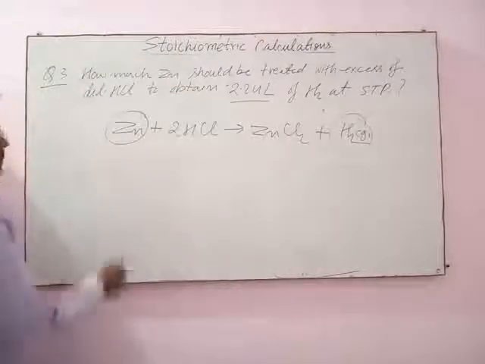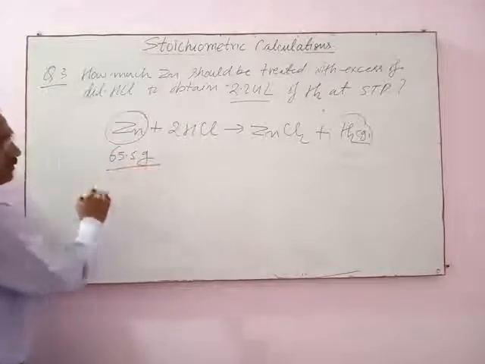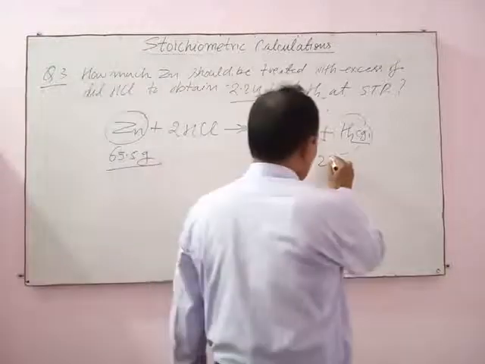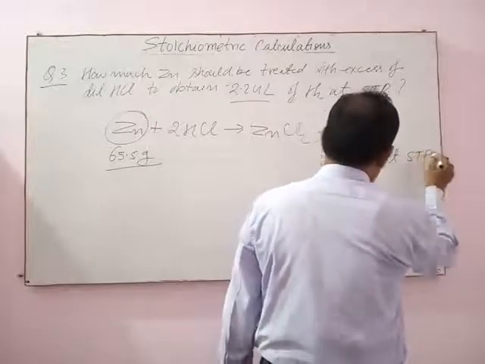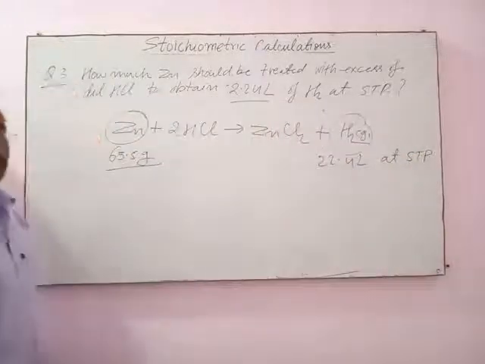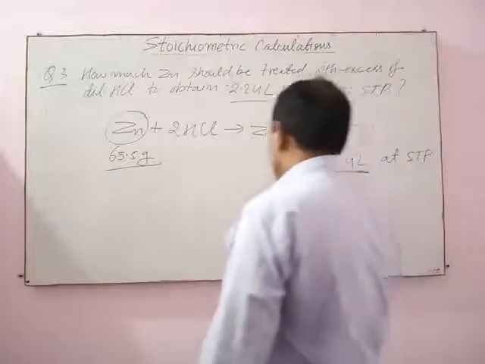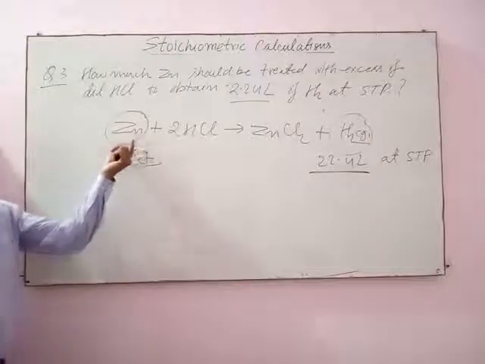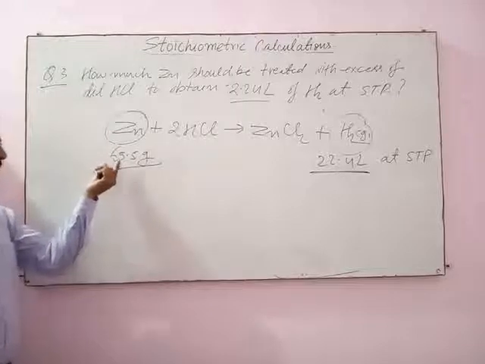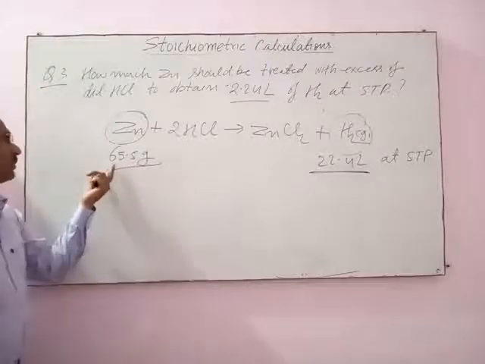According to this equation, 65.5 grams of zinc gives 22.4 liters of hydrogen gas at STP. Atomic mass of zinc is written as 65.38, but generally it is taken as 65.5.